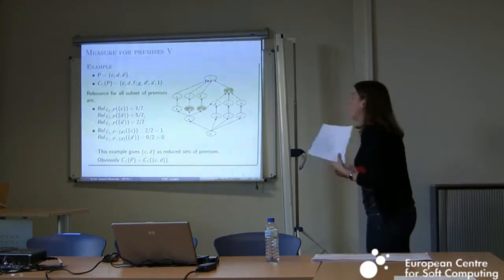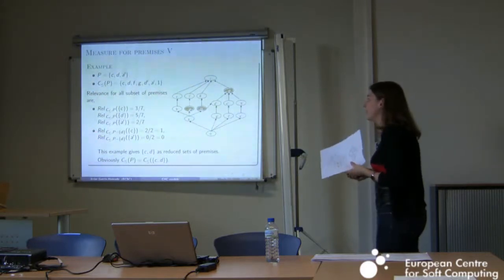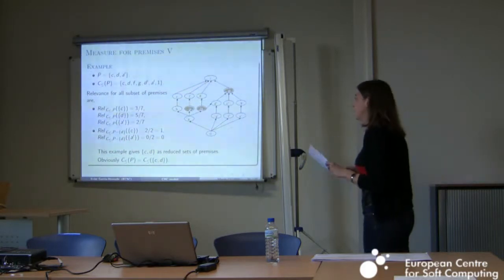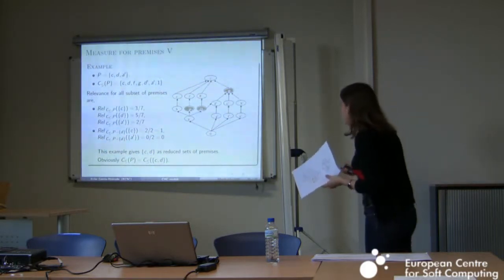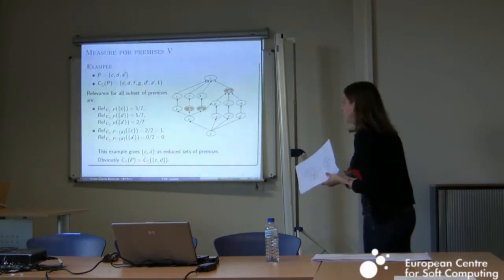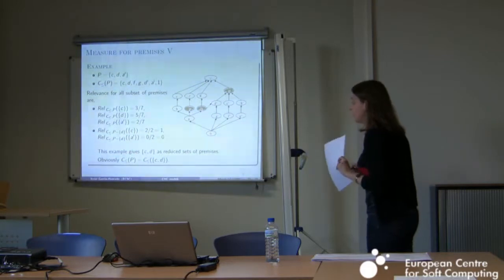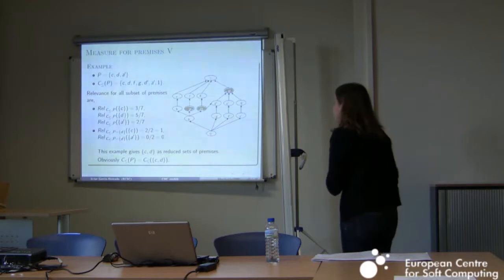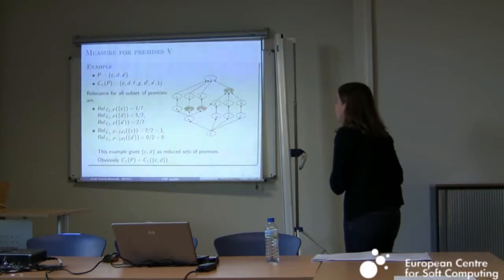And now we calculate the relative relevance to the other two premises. To the premise C is here. That will be the number of consequences deduced from C that are not deduced from D. D allow us to deduce D, not D, not A, D, and 1.